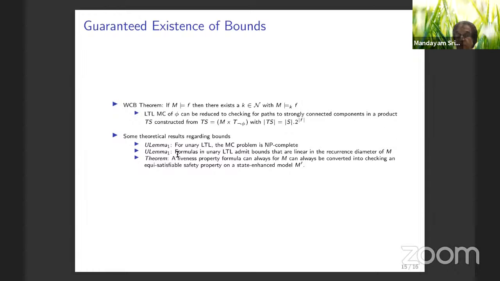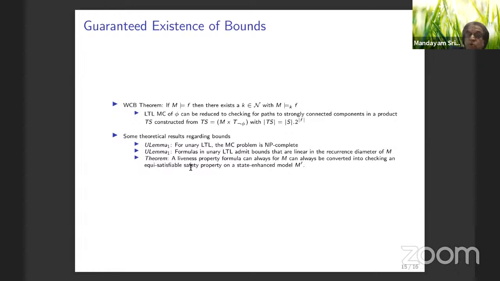And exactly, there is another result, which says that formulas in unary LTL admit bounds that are some linear function of either the diameter or the recurrence diameter of M. Okay, and we will see some examples of that in the next few slides. Then there is another theorem.